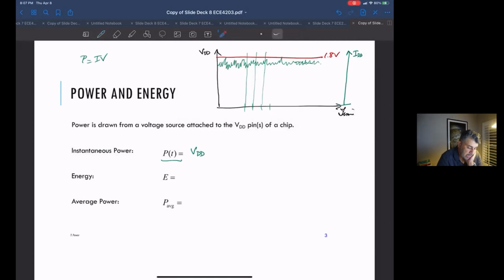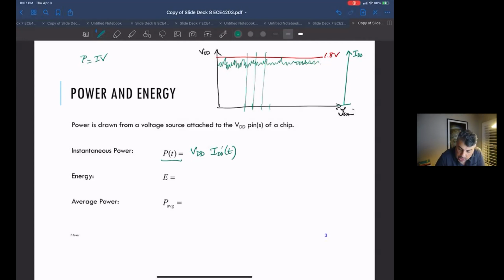But at any one point, the current's changing. For example, here the current's fairly low, and here the current's fairly high. So the instantaneous power here is going to be lower than the instantaneous power there. That's basically VDD times IDD as a function of time. Okay, so that's instantaneous power at any particular point in time.